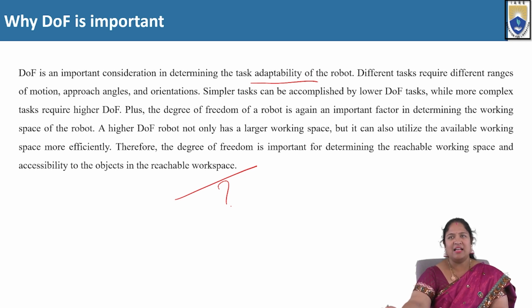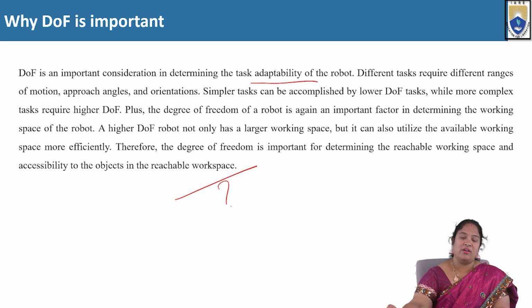So different tasks require different ranges of motion. As we all know, some tasks may require rotational motion, some may require vertical movement of the end effector on the manipulator, or some other orientation. So different tasks require different ranges of motion, approach angles, or particular orientations.